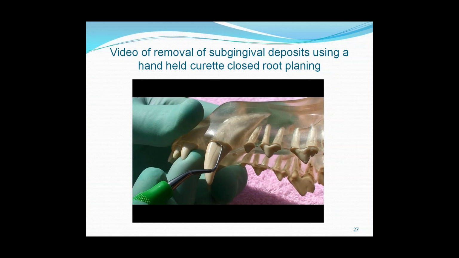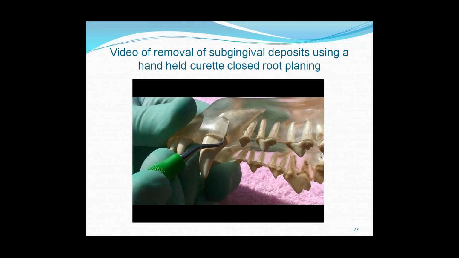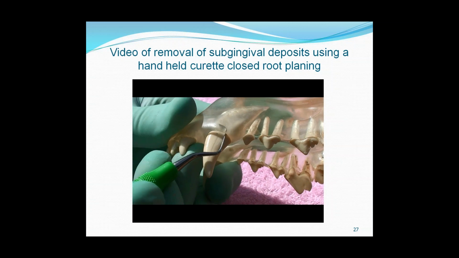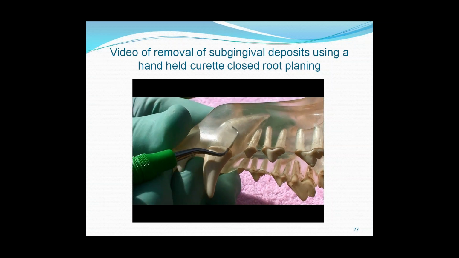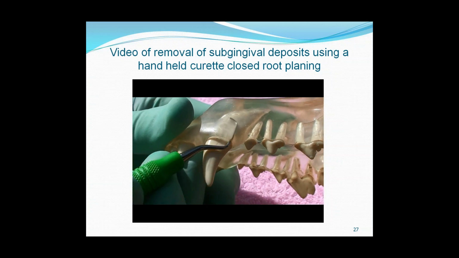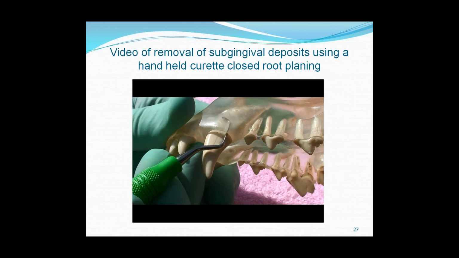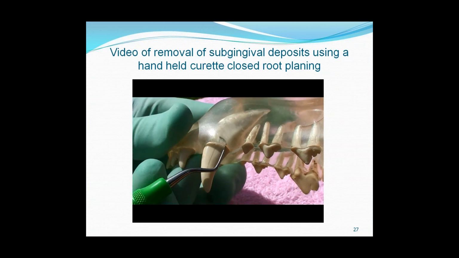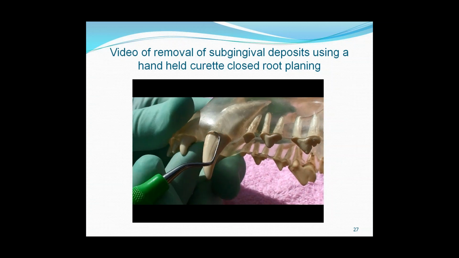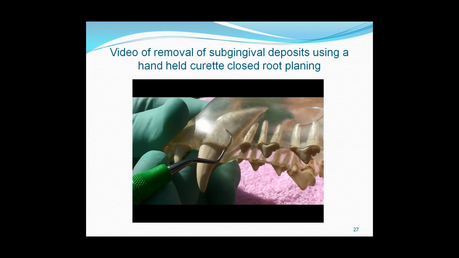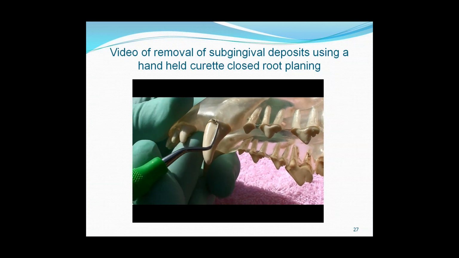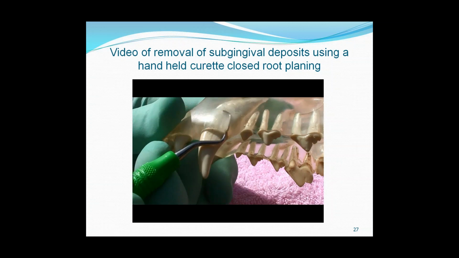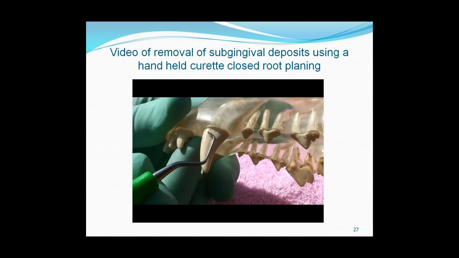So here is an example of closed root planing. So you can see that the lower edge of the curette is being placed up against the tooth surface, and as the blade is pulled out of the gingival pocket, you can see that it's actually scraping the cementum and it's scraping the necrotic dentin, and you're removing the endotoxins and any of the other plaque.